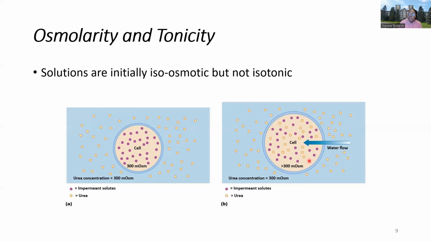So having said all of that, I want someone to predict what you think the tonicity of this solution would be if we're only considering the solutes in purple. So take a minute, think about this, and what do you think the tonicity would be? So we're completely ignoring the solute in yellow, just completely pretend it's not there.